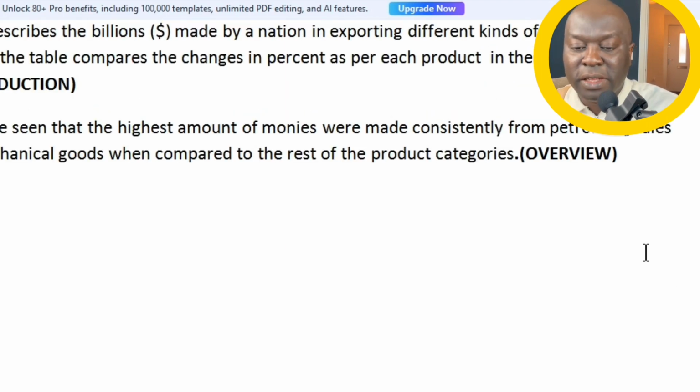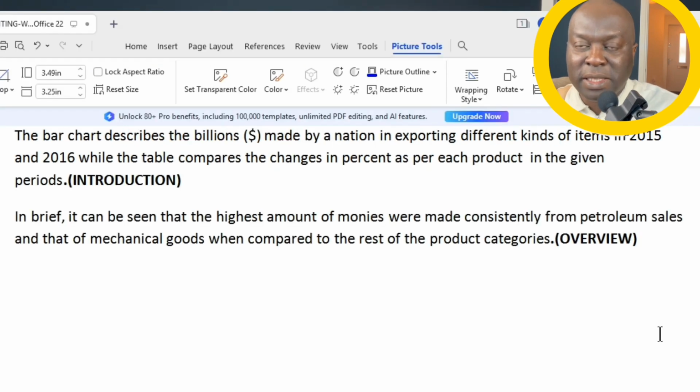Very, very brief, as the name implies. Overview, summary, that's what it is. You can say in summary, or overall. These things are on the IELTS website. You can go there, see where they discussed overview, and they will tell you that you can use in brief, overall, in summary. Just go ahead and summarize that.